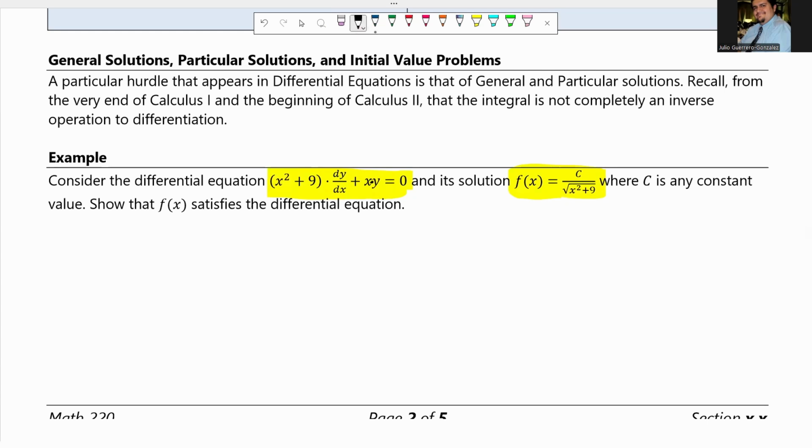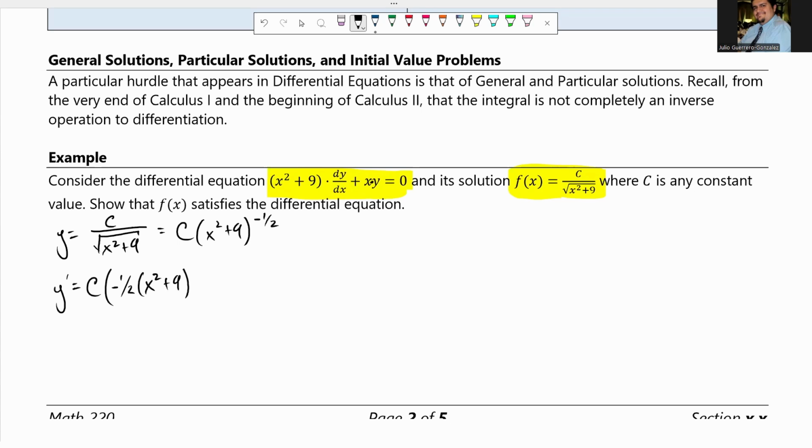Thank goodness, right? So if y is c over the square root of x squared plus 9, I can rewrite this as c times x squared plus 9 to the negative 1/2, which means y prime is going to be c times negative 1/2 times x squared plus 9.